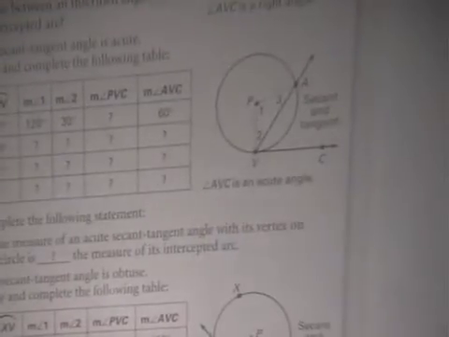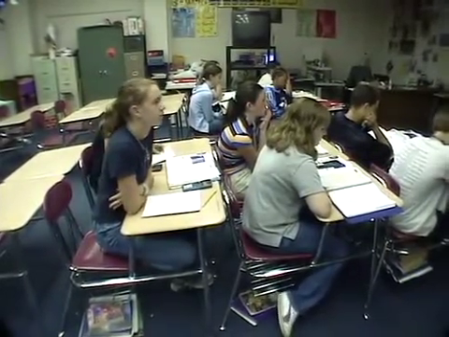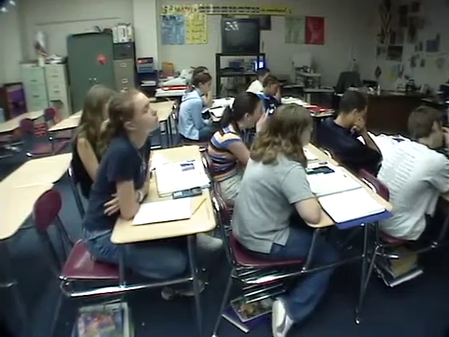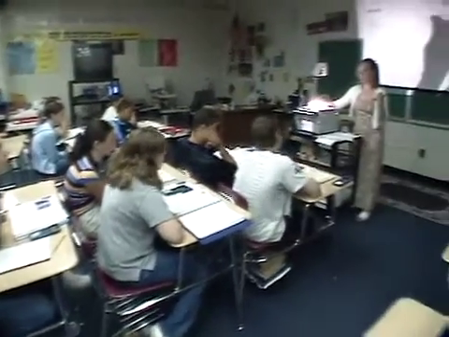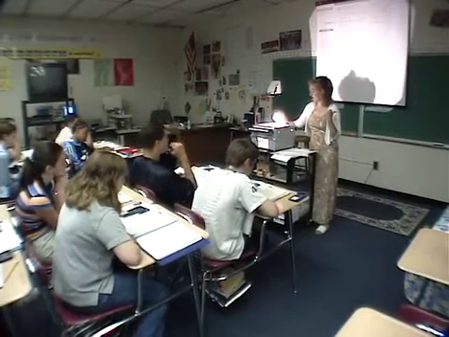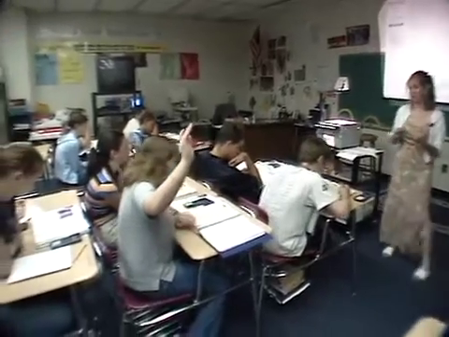How do you know that? How do they justify that, Leah? Because the central angle and the arc that they intercept are equal in measure. Good. That's back from the beginning of the chapter where the central angle is going to be the same as whatever arc it intercepts, correct? Angle 2, 30 degrees. Where do they come up with that one? Go ahead.